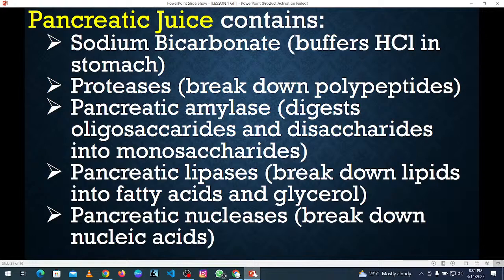These things are broken down into simple particles for them to be absorbed into our cells, into our blood, so that life can continue, so that strength can be given to us. So we have pancreatic lipase, and it helps in breaking down lipids into fatty acids and glycerols.